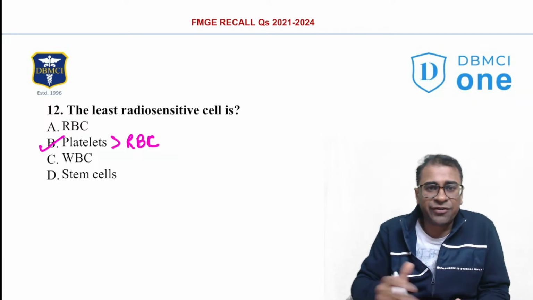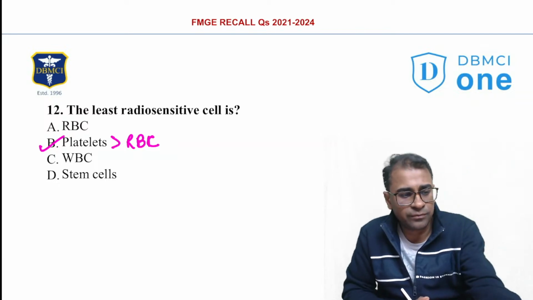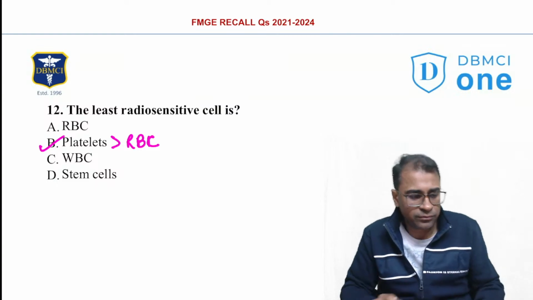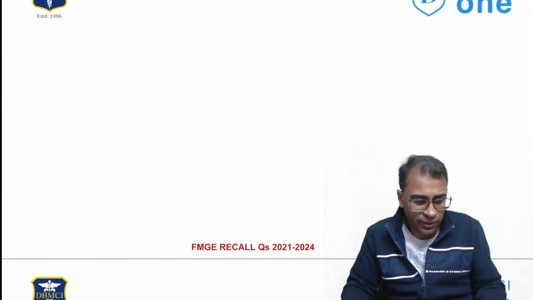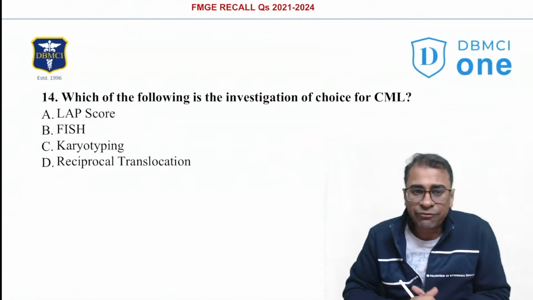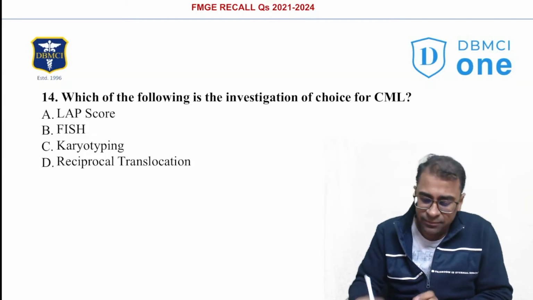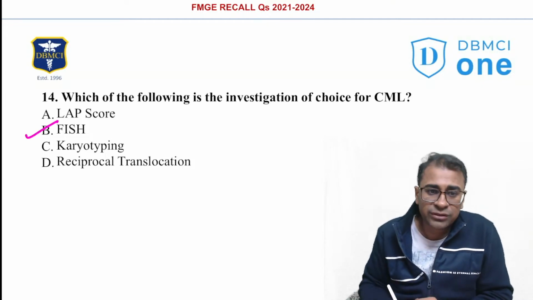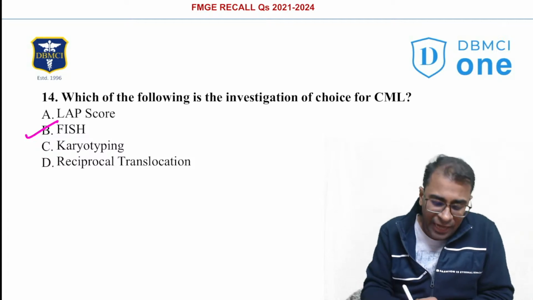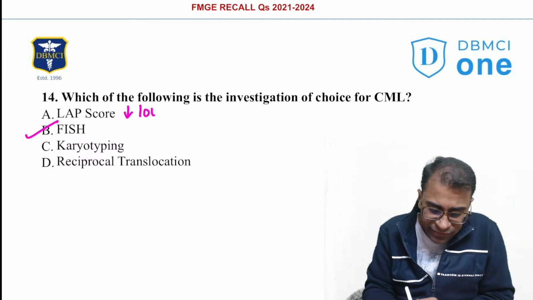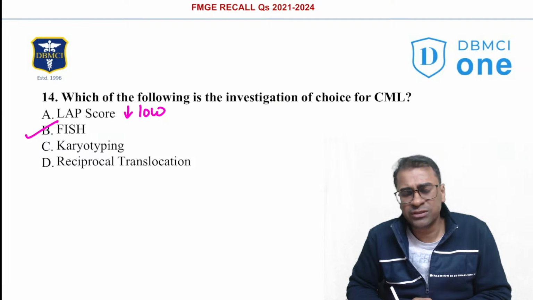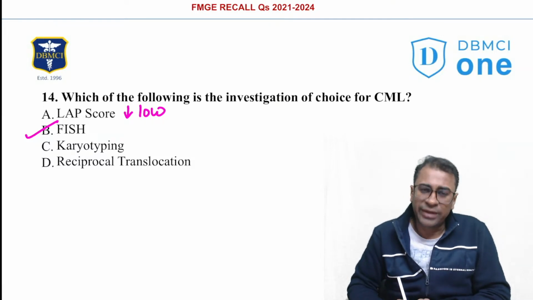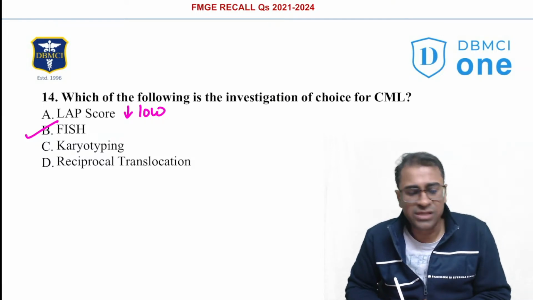But platelet is the least radiosensitive. ठीक है. The following investigation of choice in CML. Answer is FISH. The best choice. LAP score is low in case of CML, but not so specific, tumor-specific staining though. But we can do, LAP score is low in case of CML. Okay.